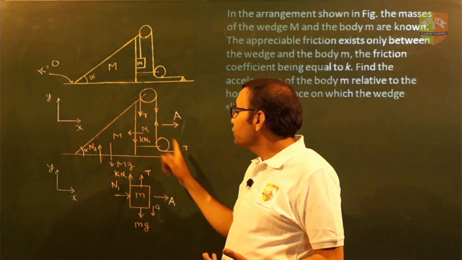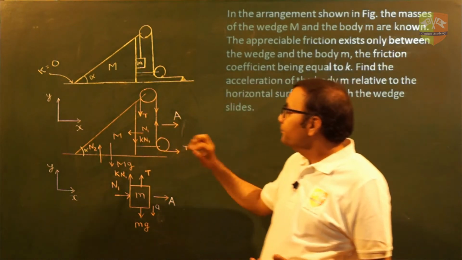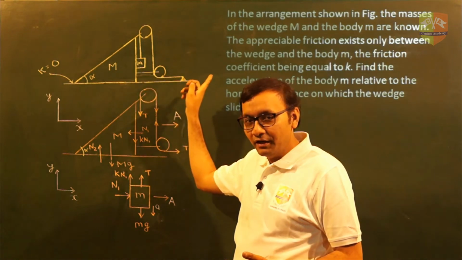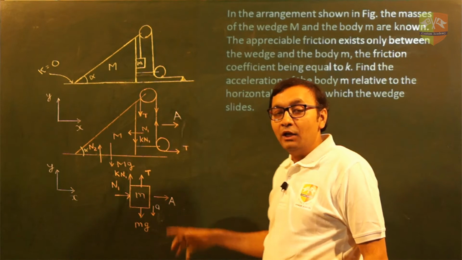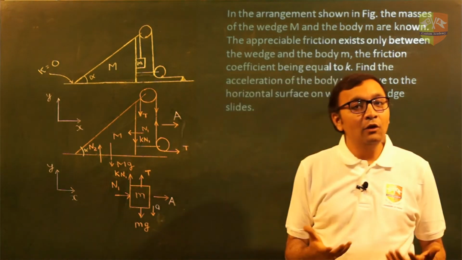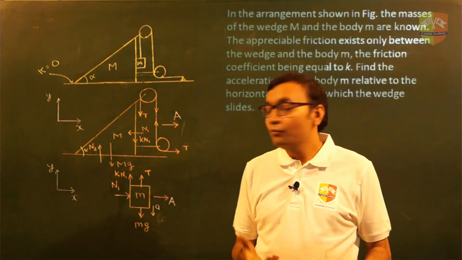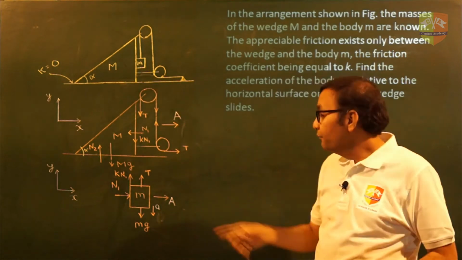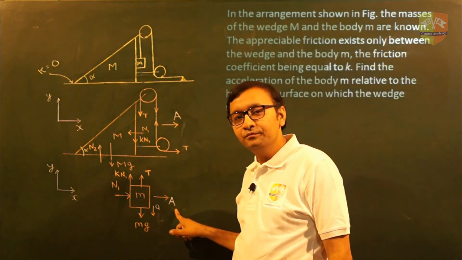Okay, so these two tensions are the same, and then, of course, this small m is moving to the right hand side, right? It has an acceleration capital A. Now acceleration cannot happen without any force. So what kind of horizontal force will there be on small m which will cause the acceleration capital A?